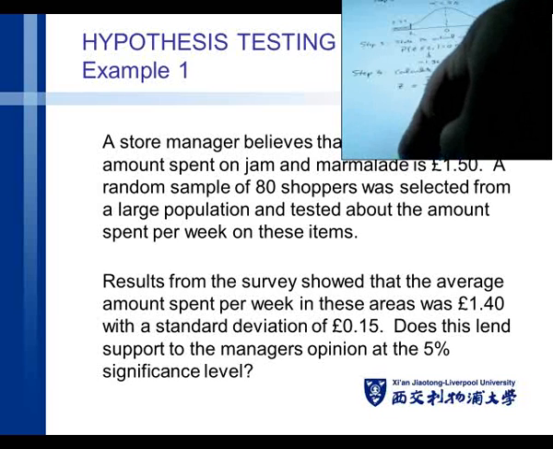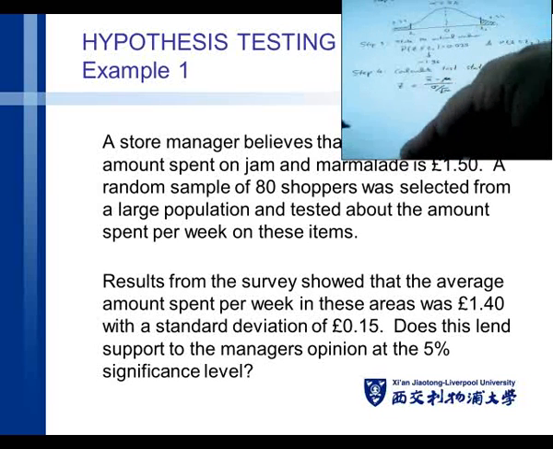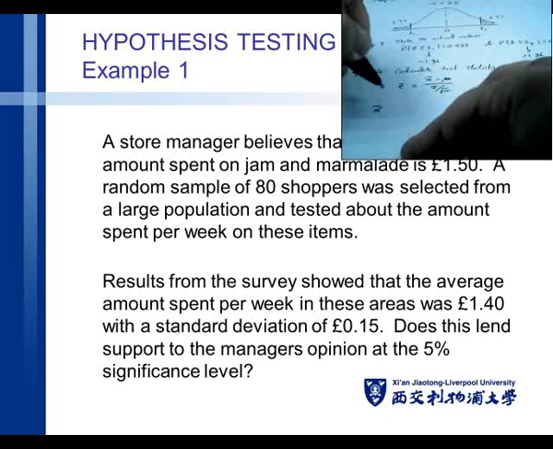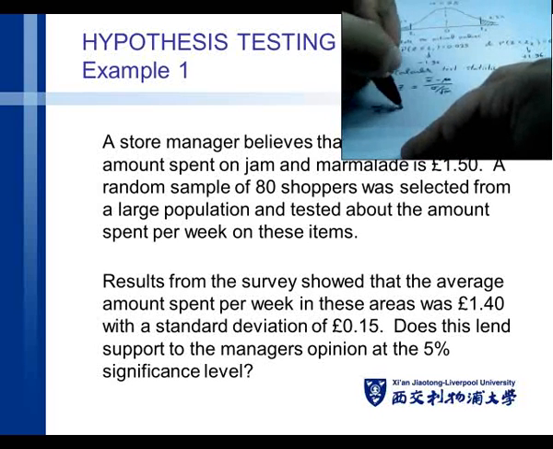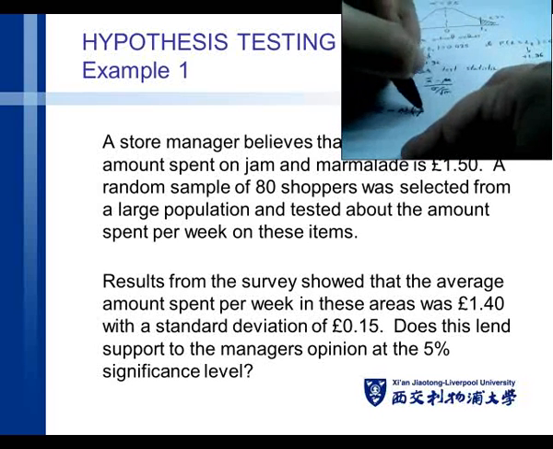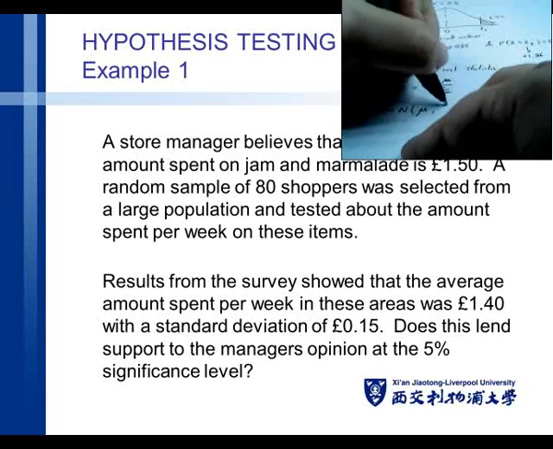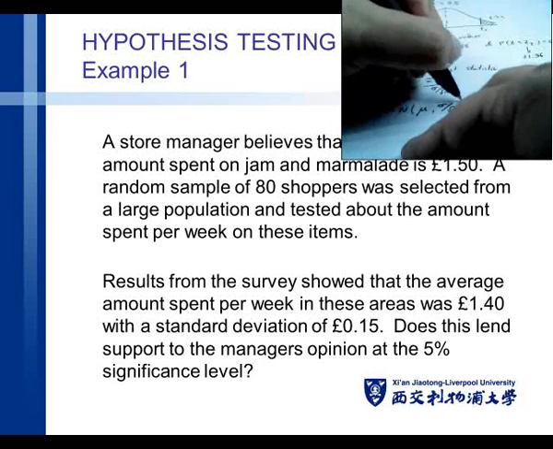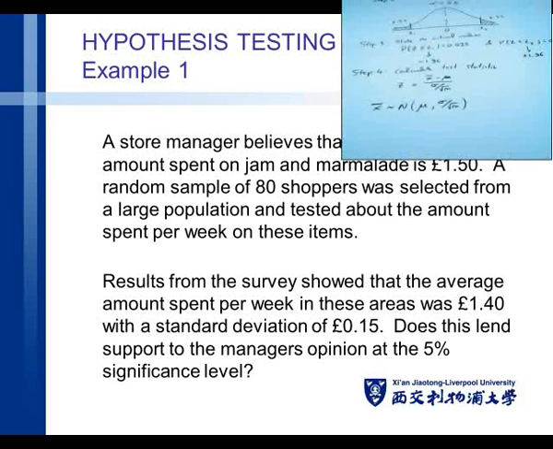And the reason why we have this test statistic is because x bar follows a normal distribution with average mu and standard error sigma over square root of n.